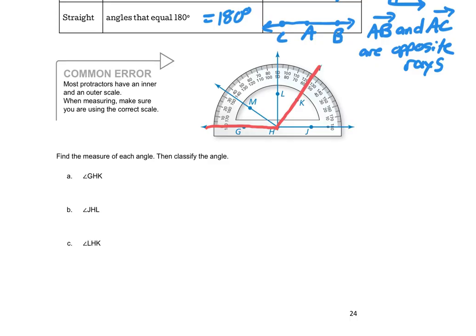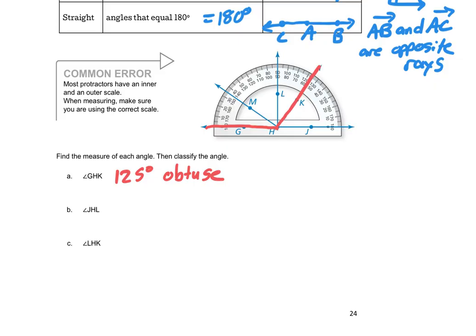I want the one that is bigger, because this is an obtuse angle. It's falling backwards. And so we want to use the bigger of the two numbers. So between 120 and 130, if I counted my markings there, we would say that this is 125 degrees.